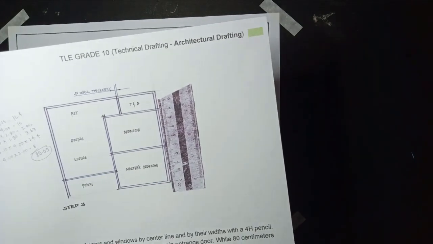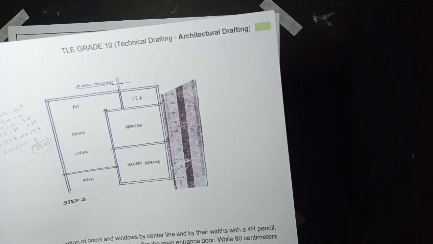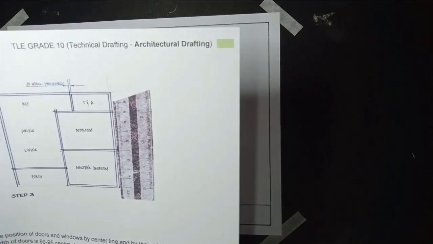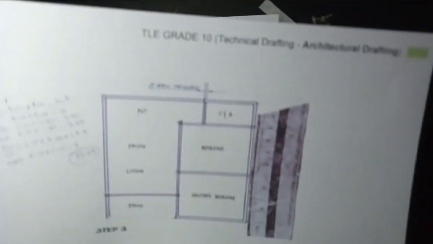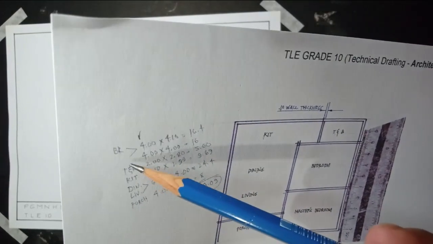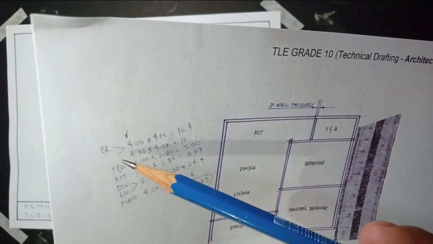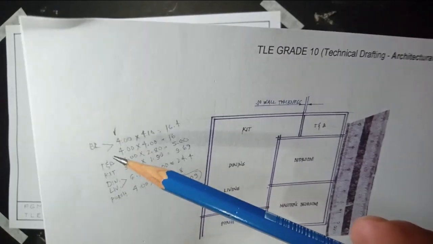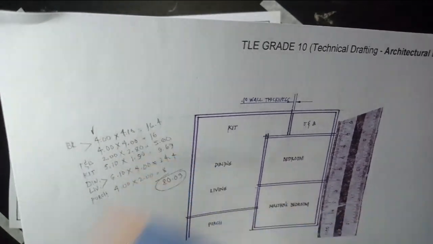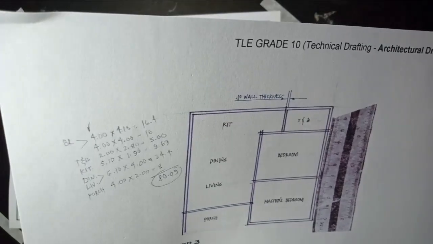We are asked to determine the sizes of each room. As you can see, as you look at it closely, we decide to make our master's bedroom 4 by 4.10 meters.